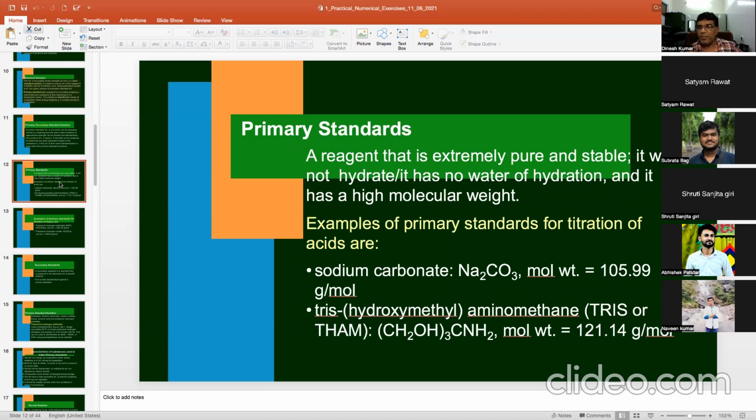Molecular weight is 105.99 gram. Tris can also be used, tris hydroxymethyl aminomethane, Tris or THAM, (CH2OH)3CNH2. Molecular weight is 121.14 gram per mole.